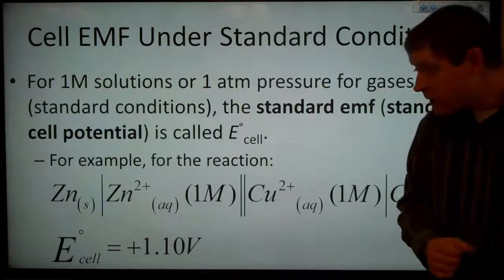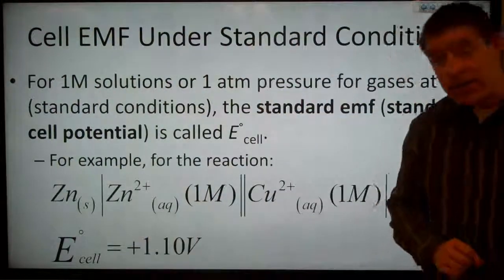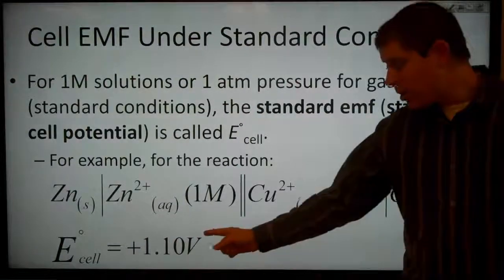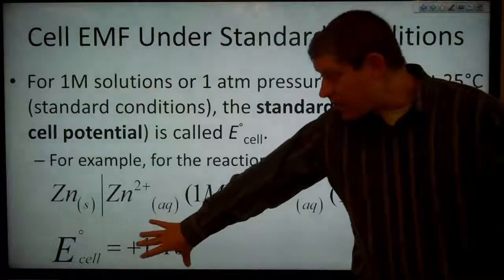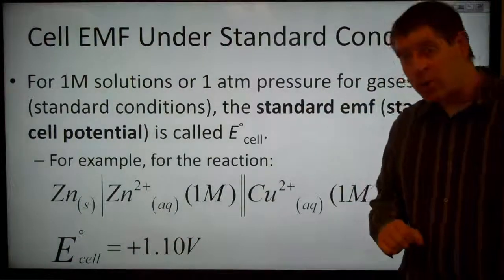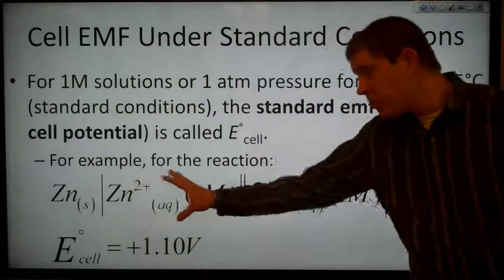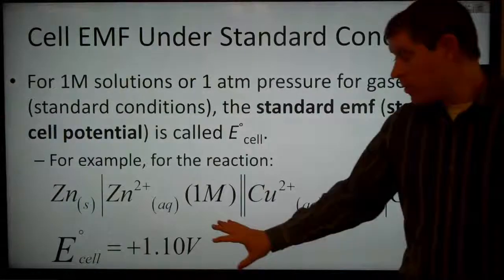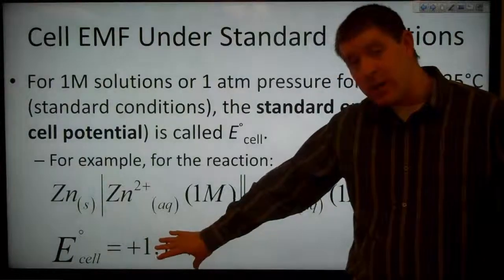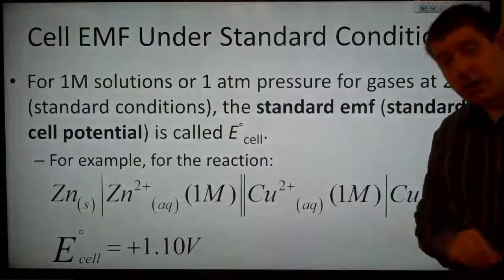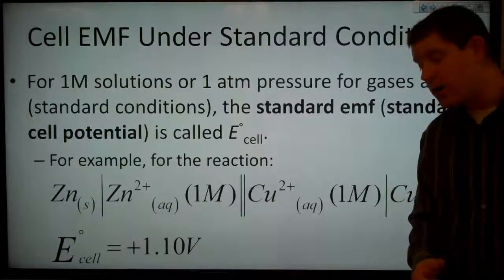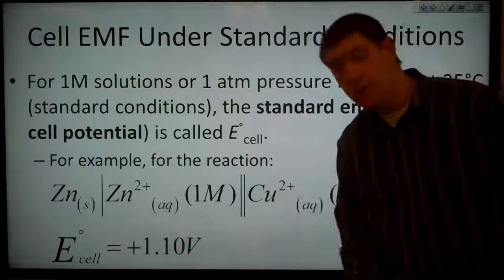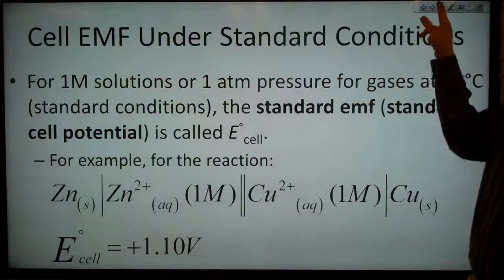If this is true, then our standard cell potential happens to be positive 1.10 volts. The standard cell potential is not always going to be plus 1.10 volts, although it will be for this reaction. But what the standard cell potential is depends on what the reactants and products you have. So if we change out copper here for something else, then the cell voltage will change, the standard cell potential will change.